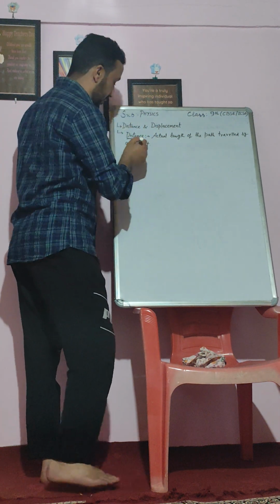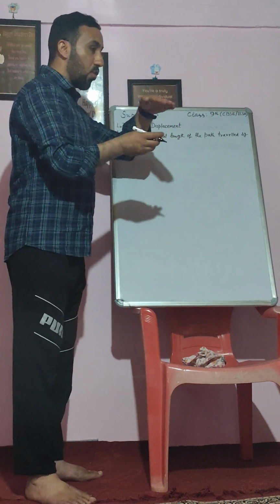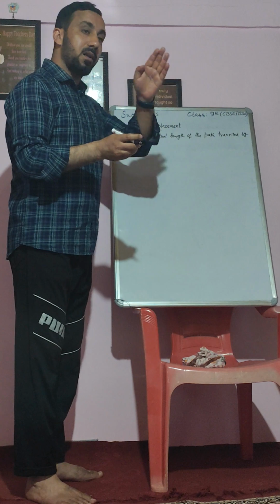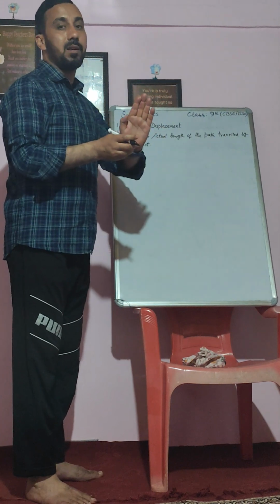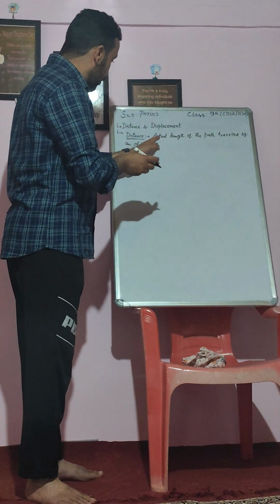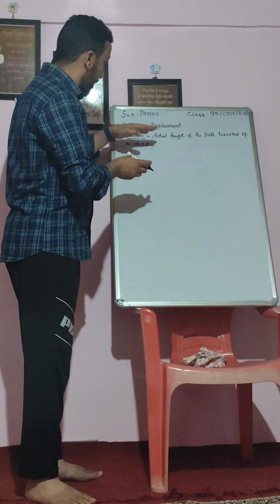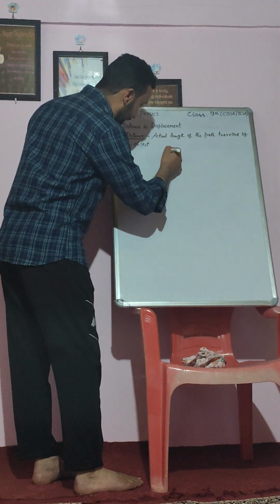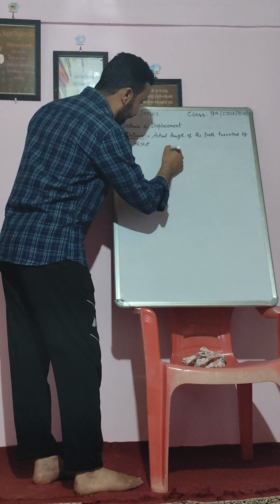What does that mean? That means if the object has traveled over the path and it has actually traveled over that path, that will be termed as distance. We will try to exactly figure out the definition of distance by the diagram which I am portraying here.